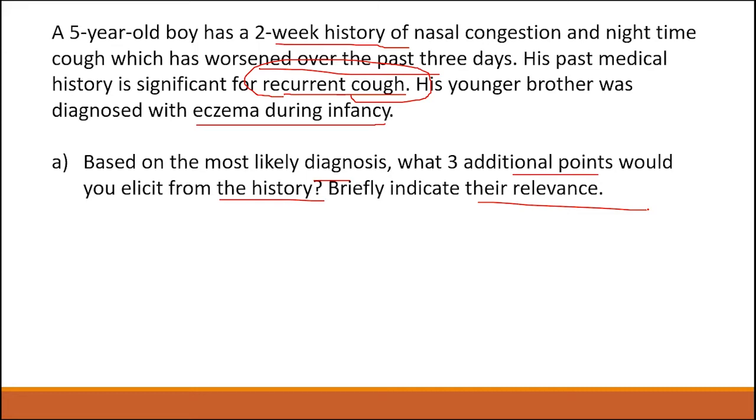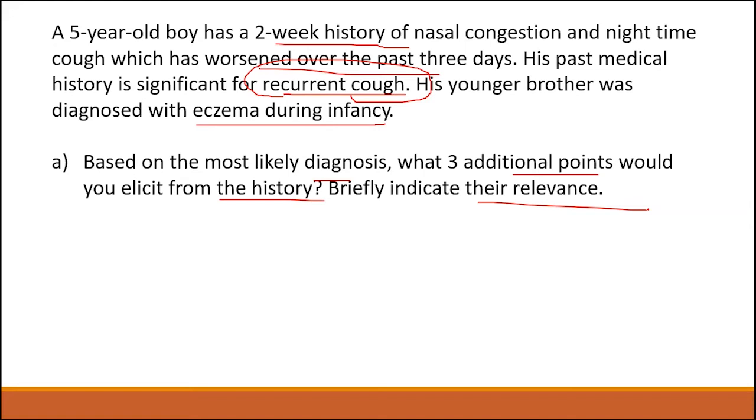And the most likely diagnosis here could be bronchial asthma. As simple as that. So if it's bronchial asthma, you should know the points to give. You should know the questions to ask. You should know why you are asking those questions, why you want to know those things.